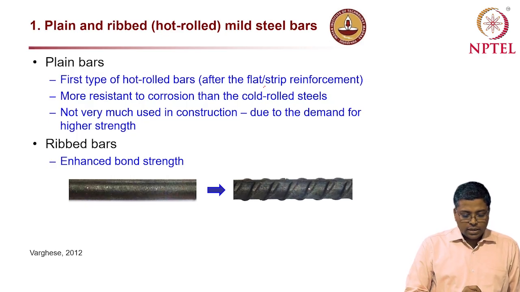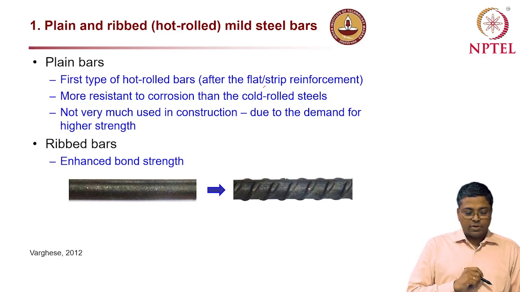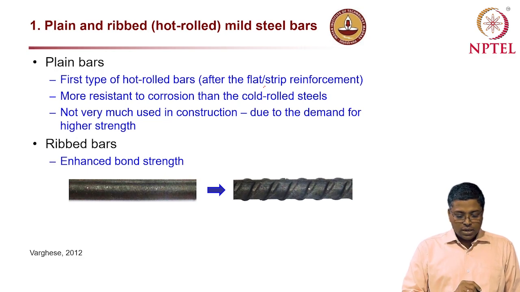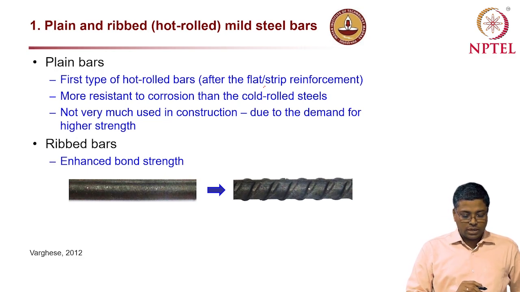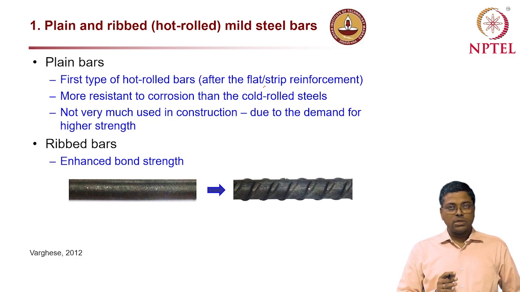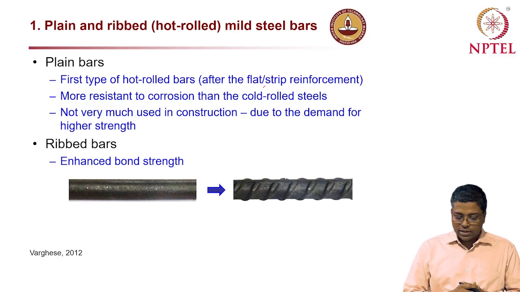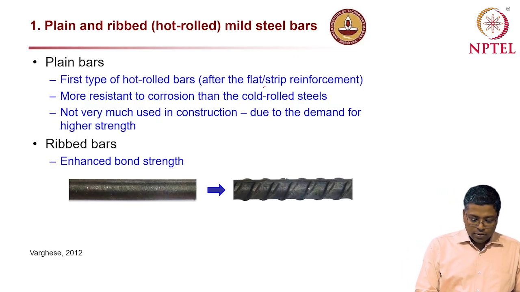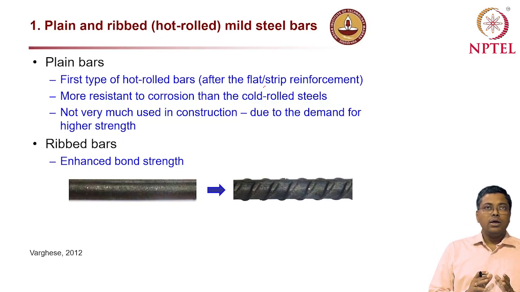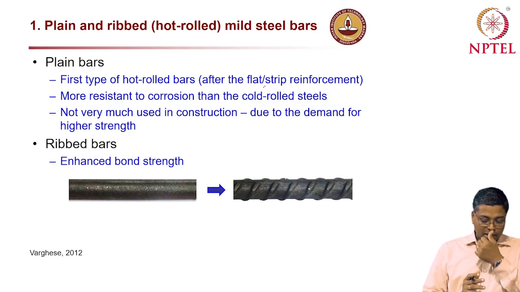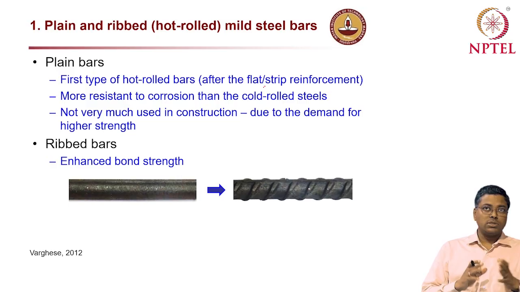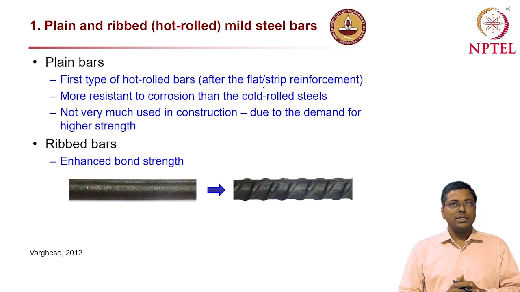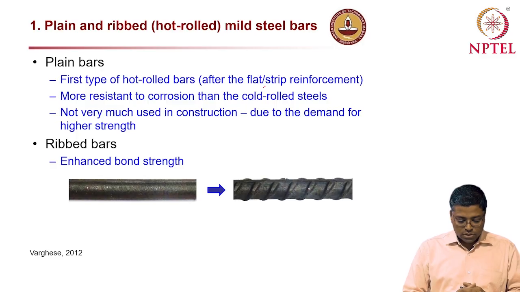So let's look at the first type of rebar discussed in the previous slide, which is plain and ribbed mild steel bars. These are mainly hot rolled steel, and these were used in the very beginning, just after the flat or strip reinforcement came into the market. And this type of rebar is more resistant to corrosion than the cold rolled steel, because when the process is hot rolled, the energy level of the final product is a little less than the cold rolled steels.